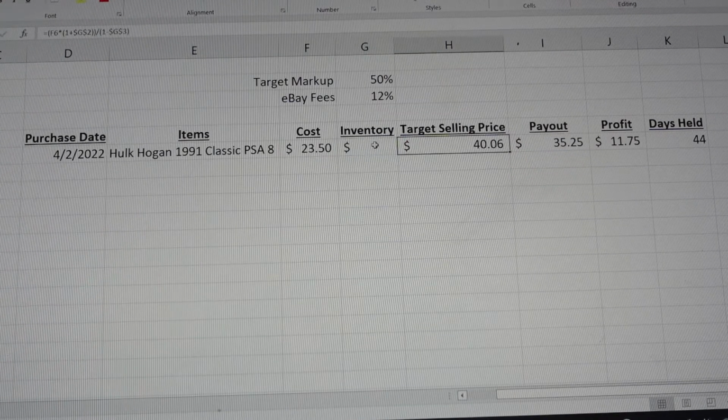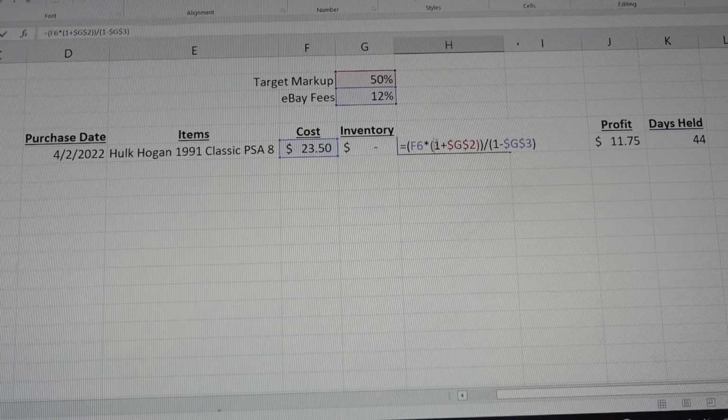Target selling price here. What I'm doing is I'm looking at what my target markup is, and I'm saying after fees, how much do I want to sell this item for so that I can make 50% of my cost as profit. So the logic here is saying it equals F6, which is the cost, times 1 plus G2, and G2 is the target markup.